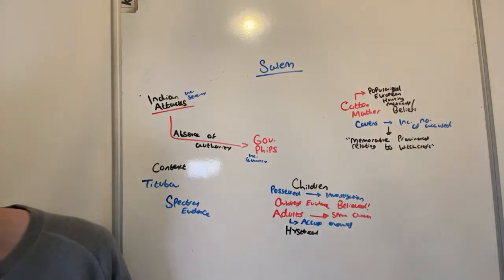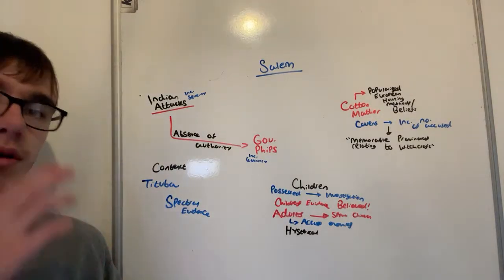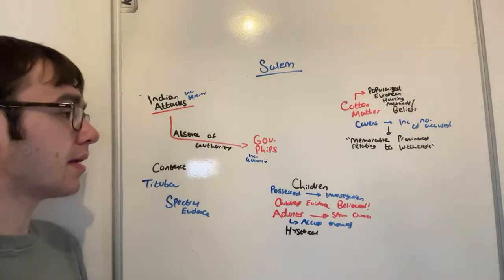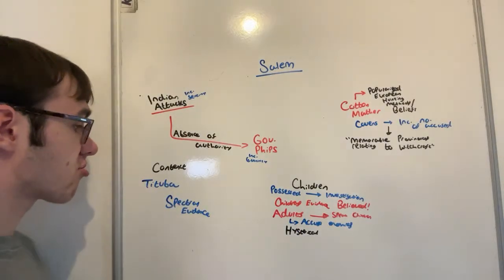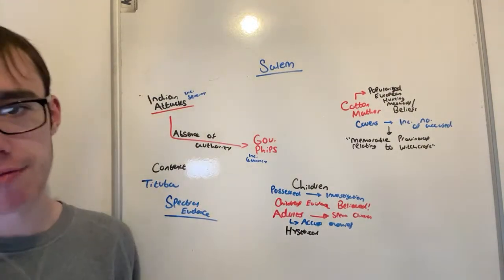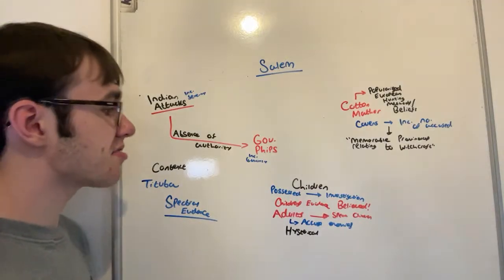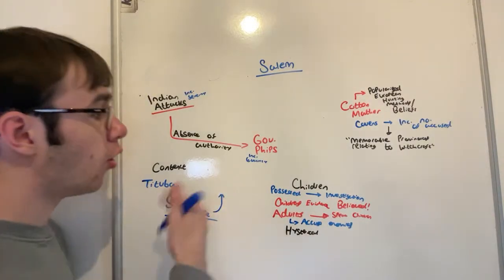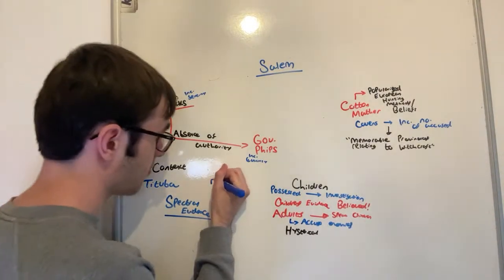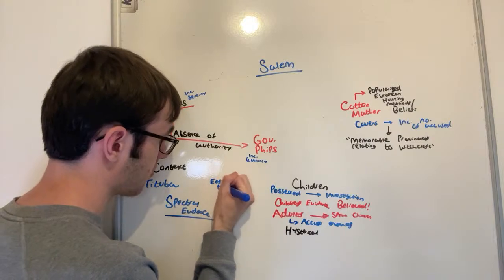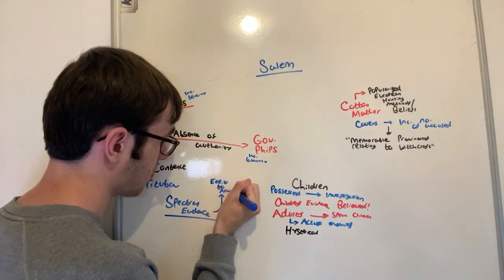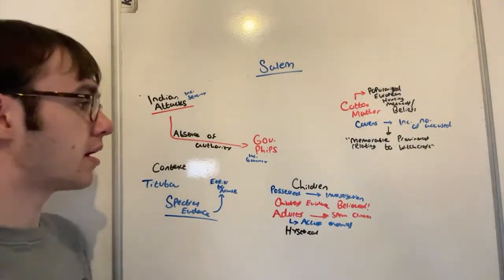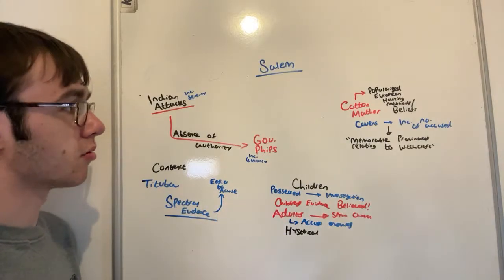Was it Samuel Parris? I know one of the guys that initiated the hunts strongly believed in spectral evidence, which made it easier to accuse. So again, always link to the question. The idea of spectral evidence made it easier to accuse.